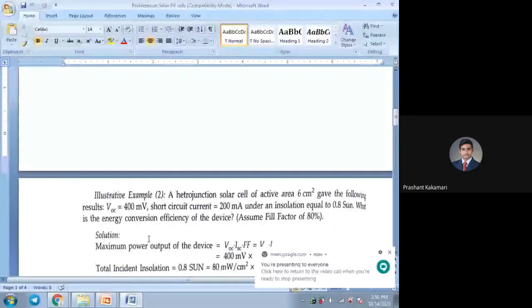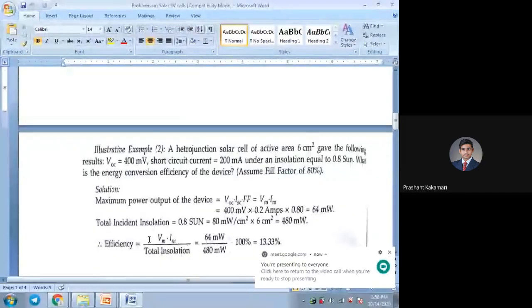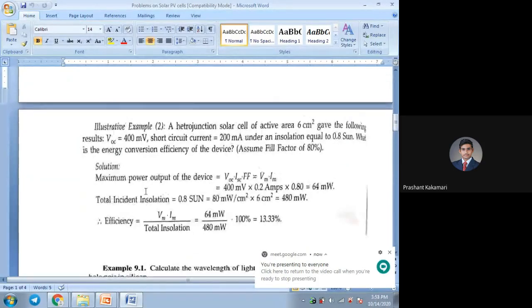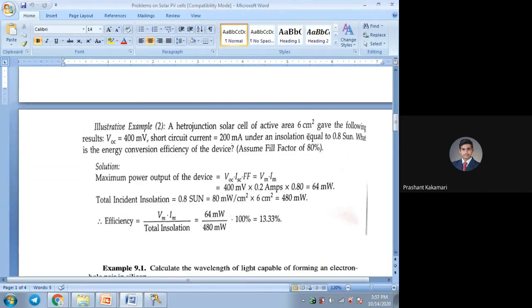So the next problem is to find the efficiency of a PV cell. A heterojunction solar cell, which is nothing but a PN junction solar cell, of active area 6 centimeter square, gave the following results: open circuit voltage 400 millivolt, short circuit current 200 milliampere, under an insolation equal to 0.8 sun.